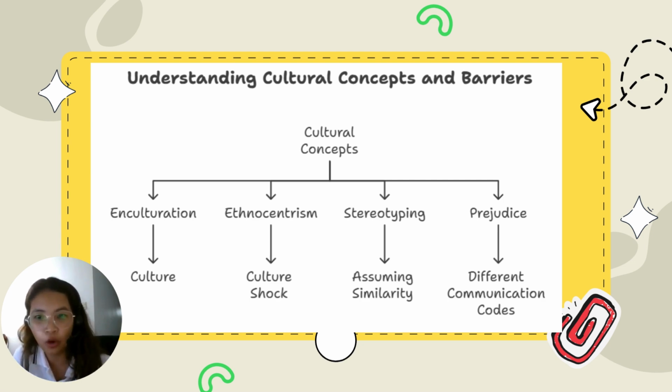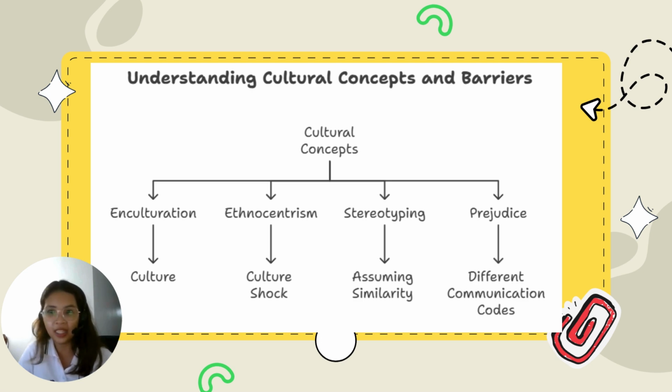So now that we have covered these topics, let's think about how they affect us daily. Do these ideas show up in our school or in your community? Think of an example where someone misunderstood you, or you misunderstood someone because of their culture. Okay.